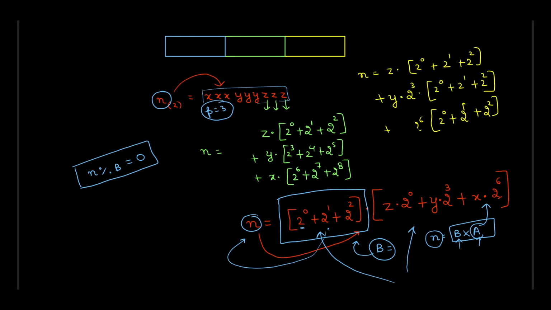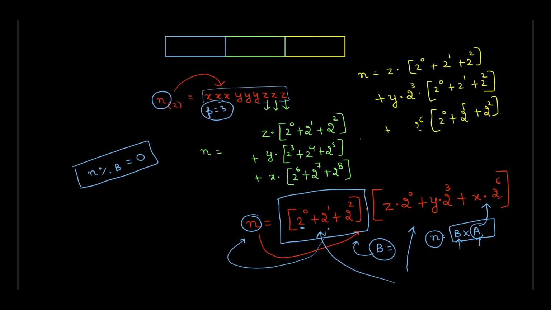That is why we were writing 2 to the power 0, 2 to the power 1, etc. But in base b it will be b to the power 0, b to the power 1, etc. So you can write the general formula like so: n is equal to b to the power 0 plus b to the power 1 plus b to the power 2 plus up to b to the power p minus 1 into, and you will realize that this condition will also be true.